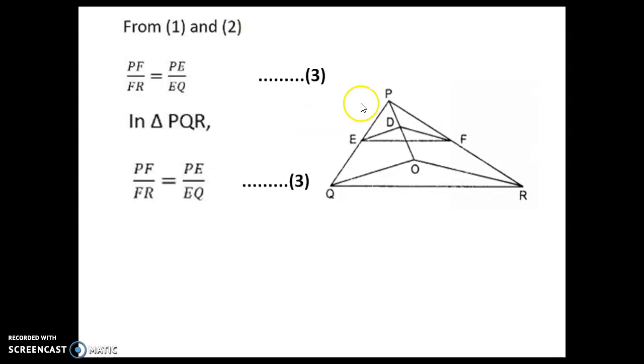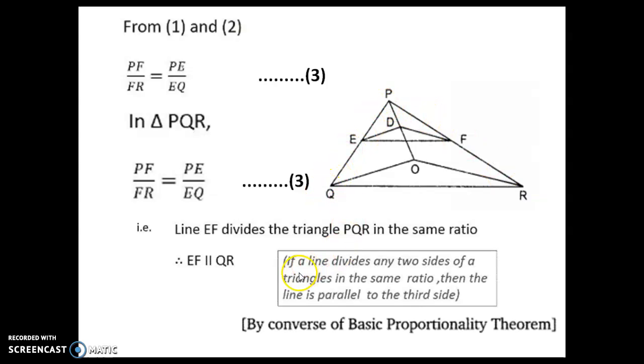Now we are taking the whole triangle PQR. In this triangle, if you see this third equation, PE by EQ and PF by FR is there. By converse of the theorem: if a line divides any two sides of the triangle in the same ratio, then the line is parallel to the third side.